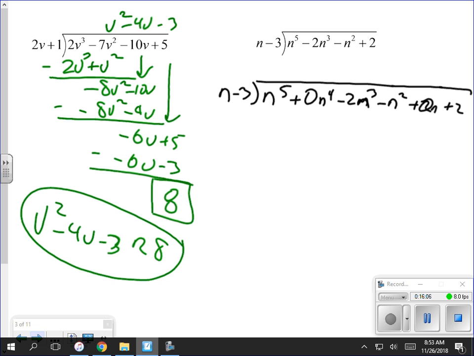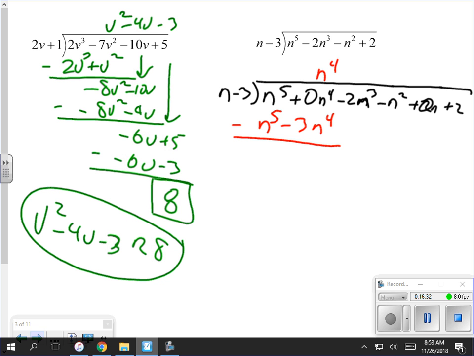And then we do the same thing. And it's nice when you have just n in the front, because it's easy when you don't have a 2 or a 3 or 4 or 5 in front of it. Okay? So n goes into n to the 5th, n to the 4th times, multiply times n to the 4th, n to the 5th minus 3n to the 4th, and then I subtract.